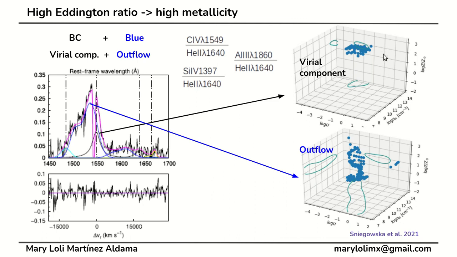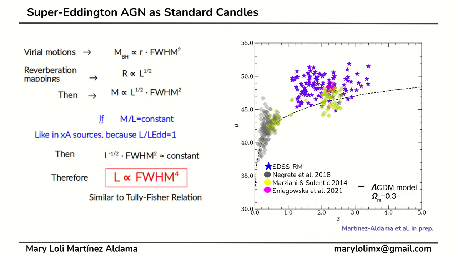Probably in the virial component we are getting a high metallicity because there are some hints of starbursts in the high Eddington AGNs, and that's why this zone is enriched by these elements.